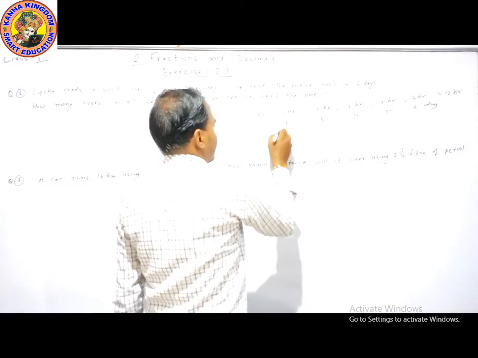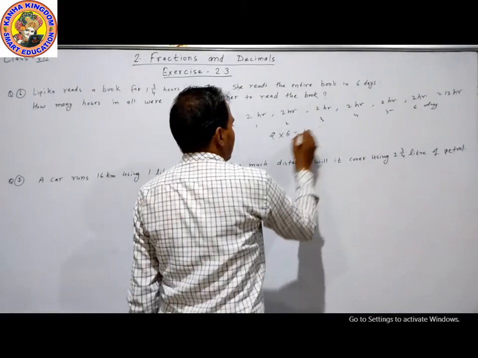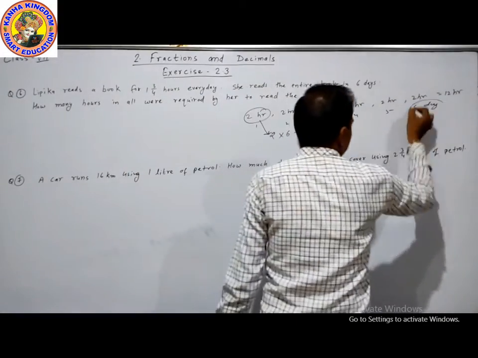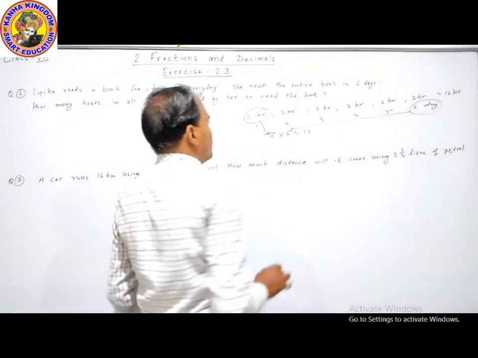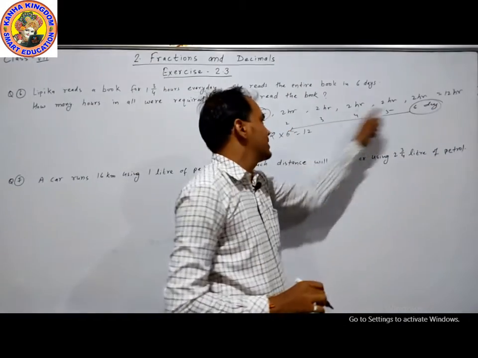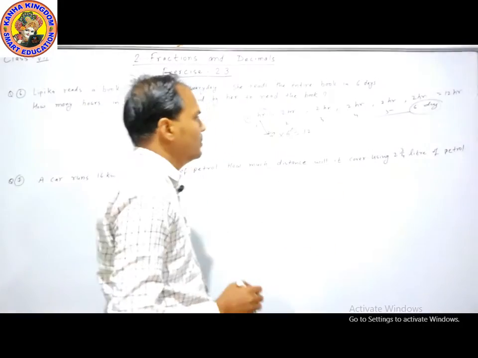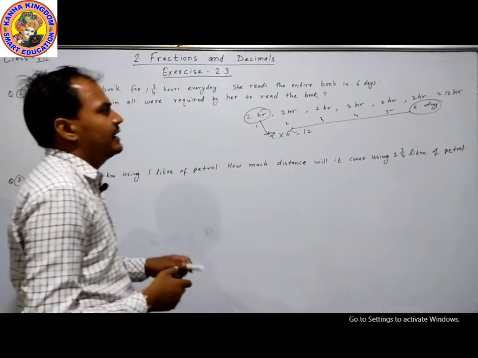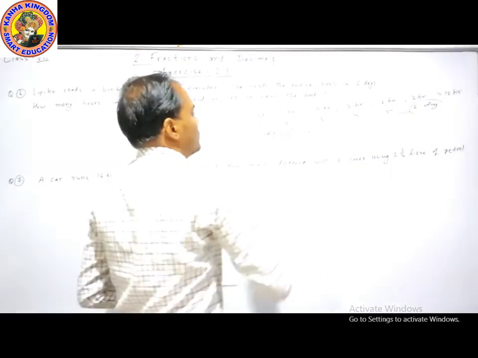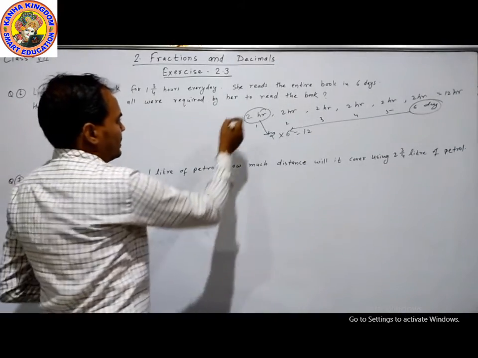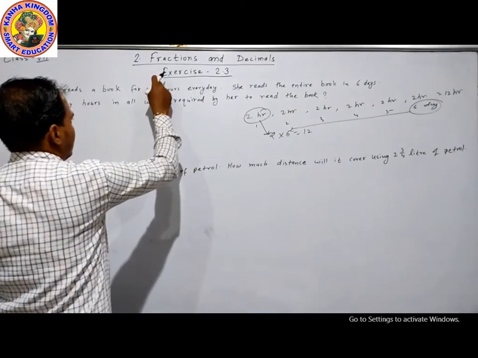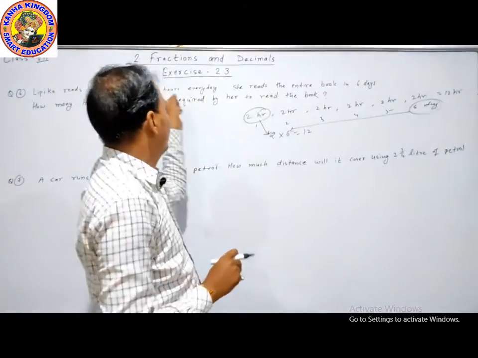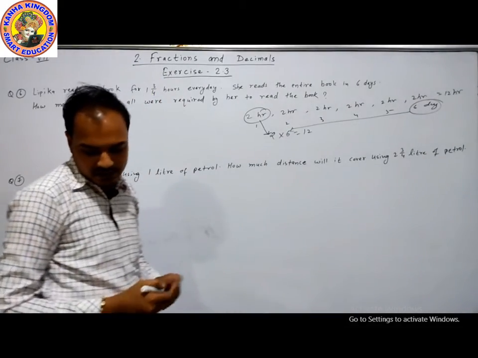Directly I can say that 2 into 6 is equal to 12. 2 hours per day, total 6 days. 2 is repeated 6 times, so 2 into 6 is equal to 12. But in the question there are 3 by 4 hours and 6 days, so we will multiply these numbers.